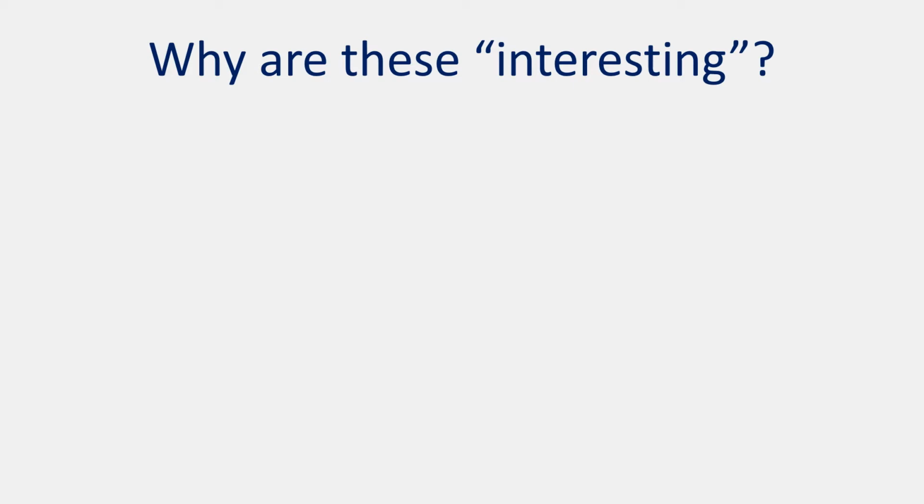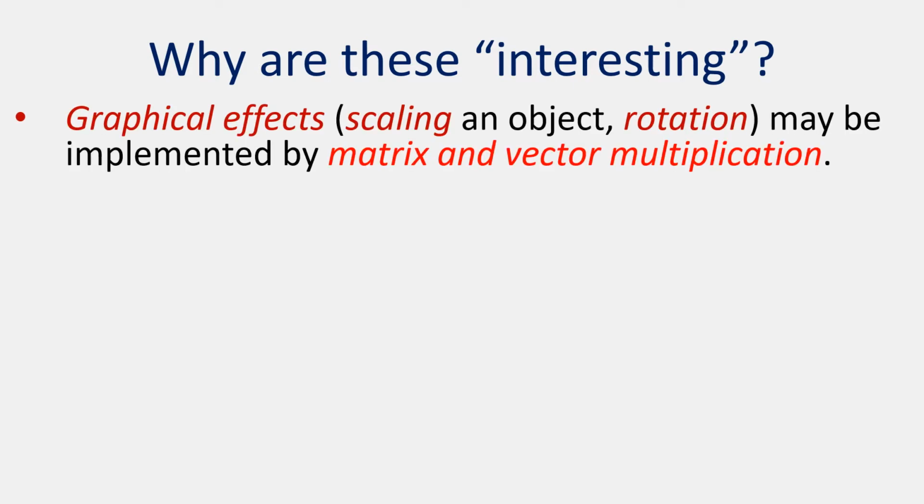Now, why are we interested in these? Why have I been emphasizing this method? Well, a very important use is in graphical effects in computer science. These are things such as scaling, changing the size of an object when it's displayed on a screen, and processes such as rotating an object about an angle and displaying the outcome.